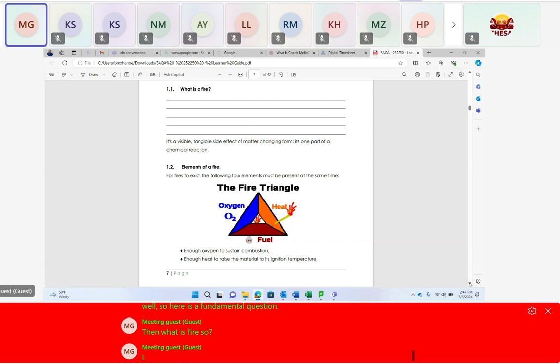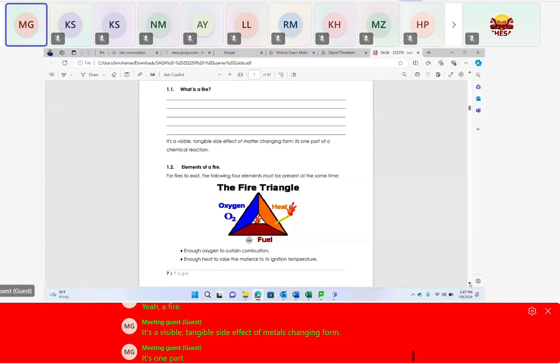A fire, according to the industrial knowledge, is a visible, tangible side effect of matter changing form.